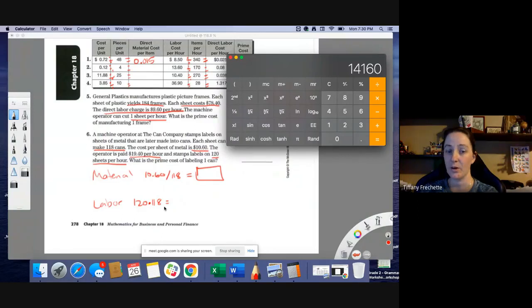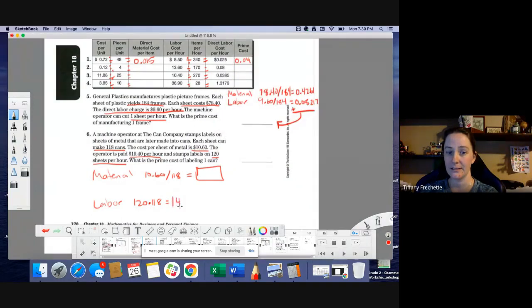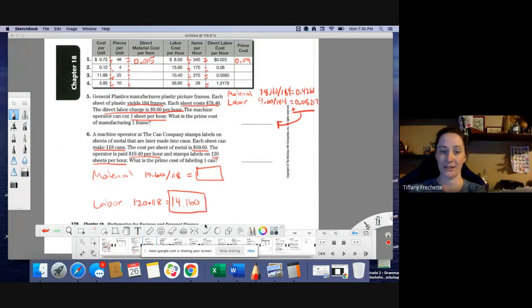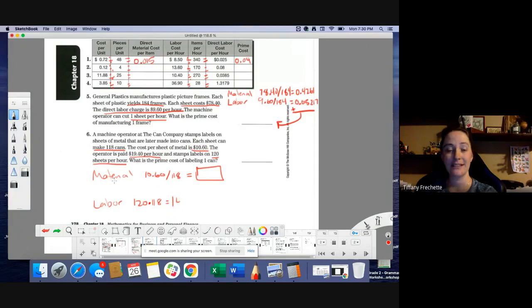So this would be a whole lot of cans, 14,160 cans. I think what they meant to say is 120 cans, because this is how many cans 120 sheets would make. I do believe that is just an error, because that is not part of the actual answer key. So we're going to pretend like this says cans.